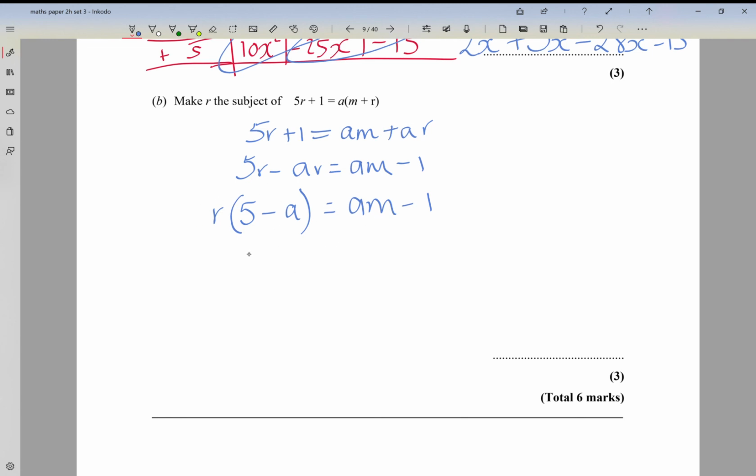So I can now divide the whole of my right-hand side by 5 minus A. And that's it. AM minus 1 over 5 minus A.